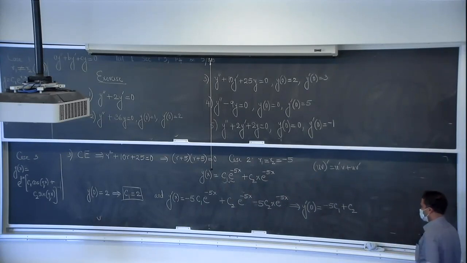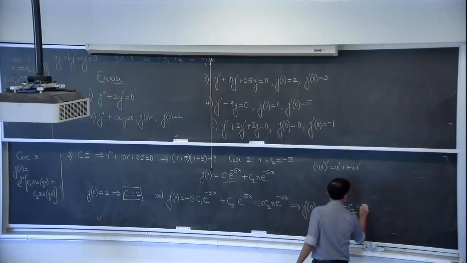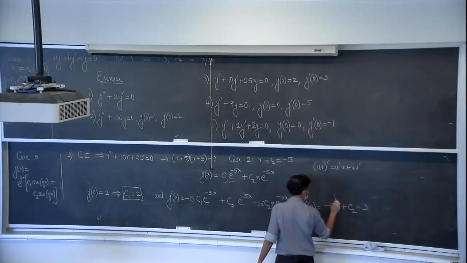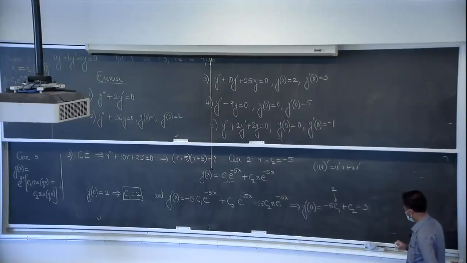Again, you're plugging in x equal to 0 in the third term, so that one disappears. And this is going to be equal to 3. C1 is 2. And you get C2 equal to 13.